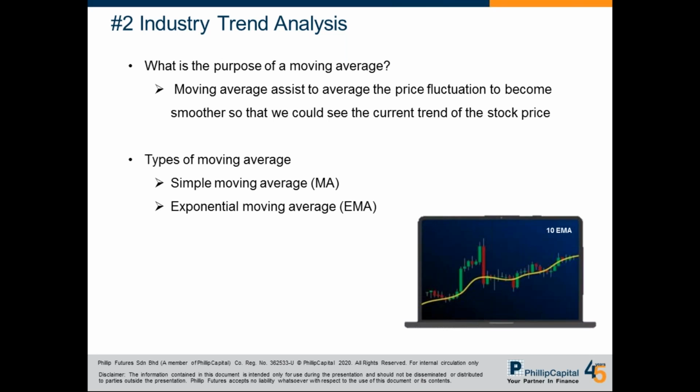The main purpose of time data analysis with moving average is to average out the price fluctuation, all right? So every day the price goes up and down, and it helps people to average out the price and smooth it into a line so people can identify the trend. This is the main purpose of a moving average.